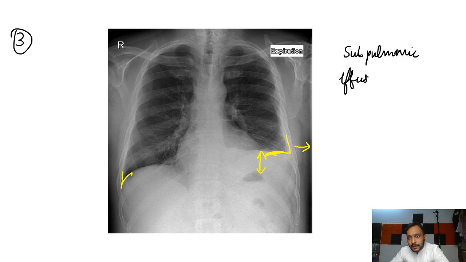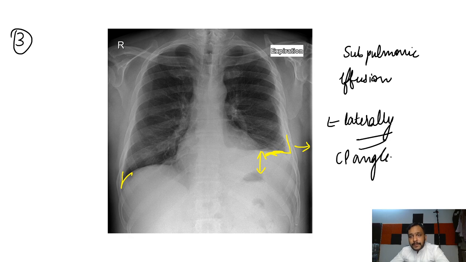Subpulmonic effusion. And on the right side, what will happen in this case? The most superior point of the dome of diaphragm will shift laterally. But the CP angles will appear normal.